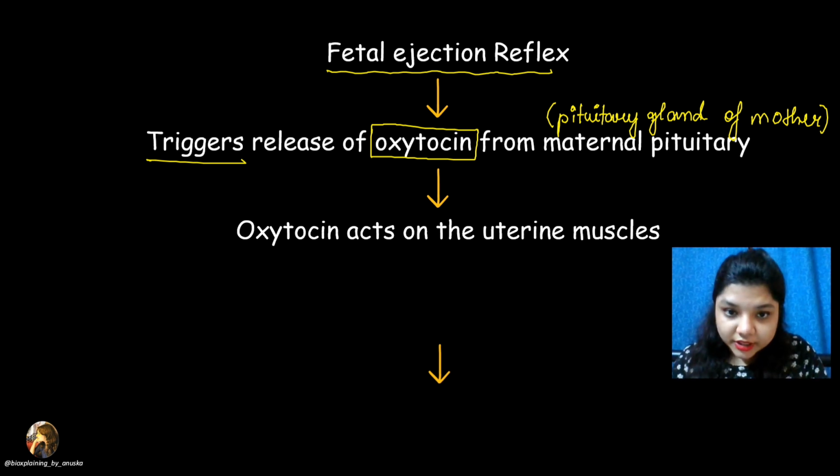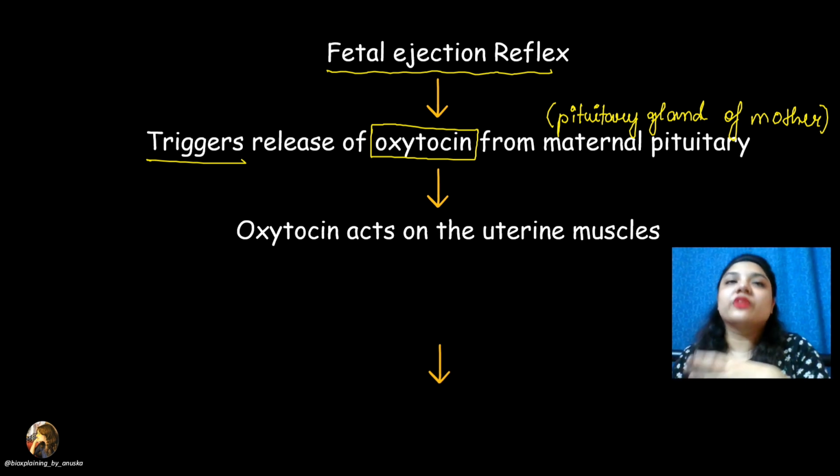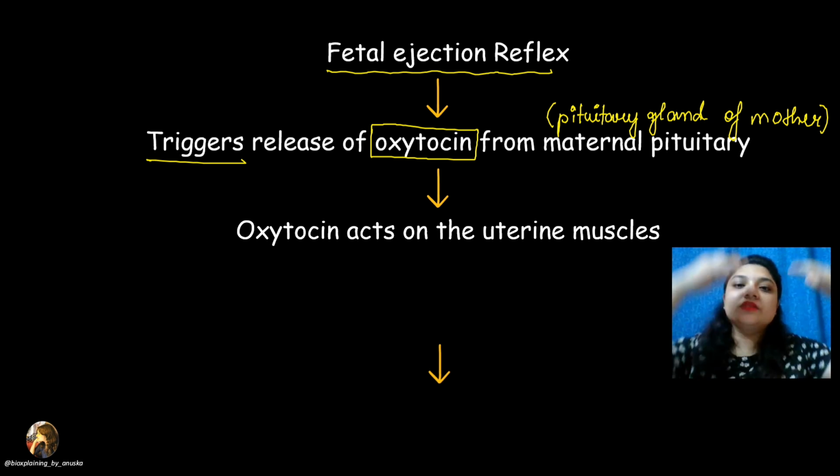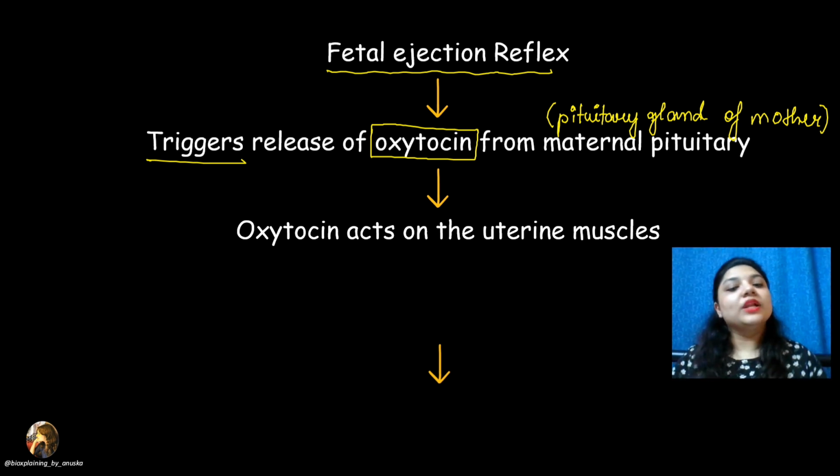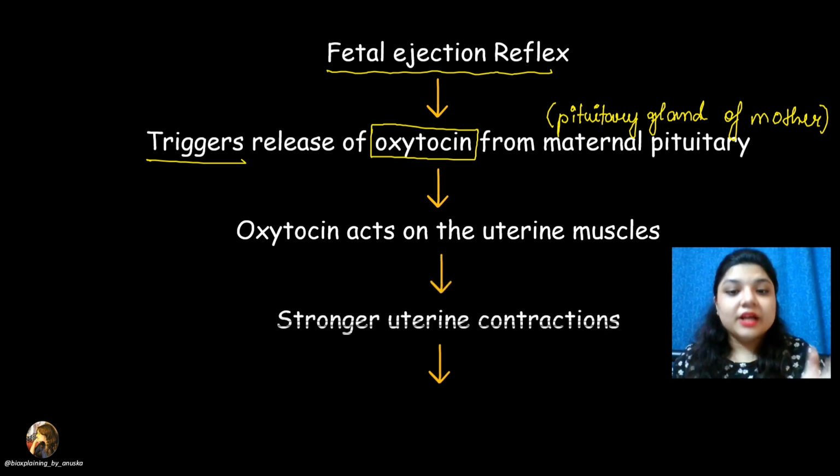This further lets the oxytocin act on the uterine muscles. So the oxytocin released from the pituitary will now act on the muscles of the uterus. Then this creates stronger uterine contractions. Now this is a positive feedback loop.